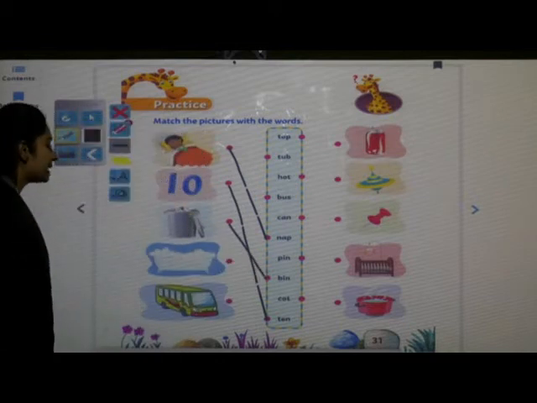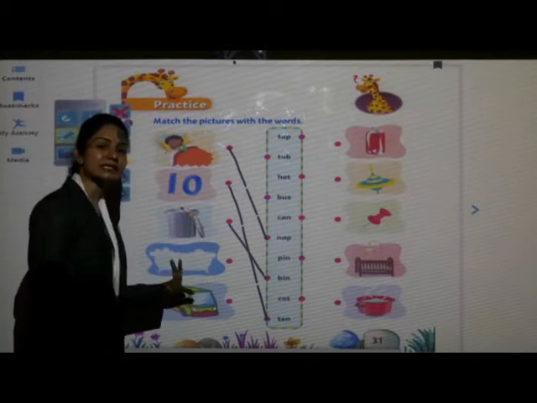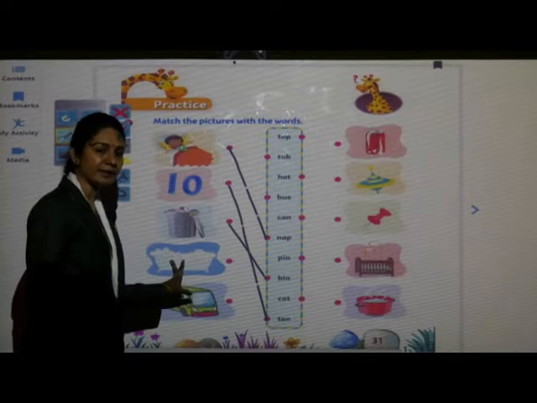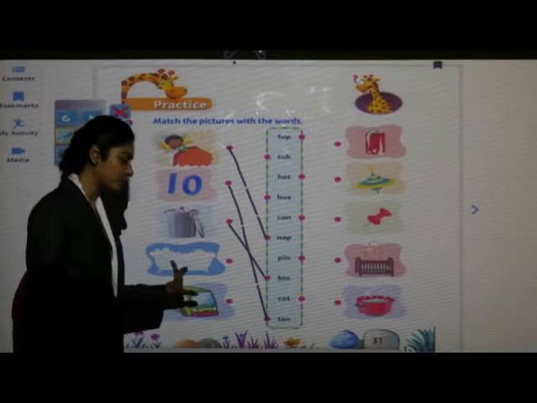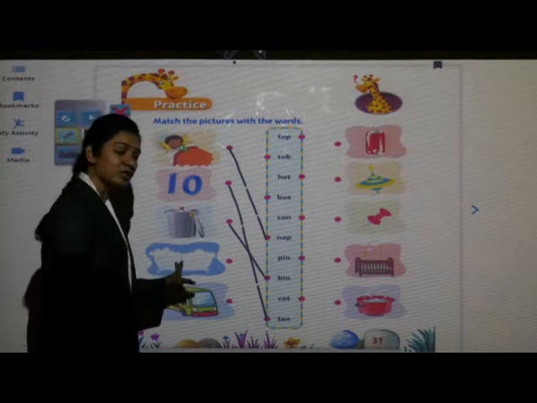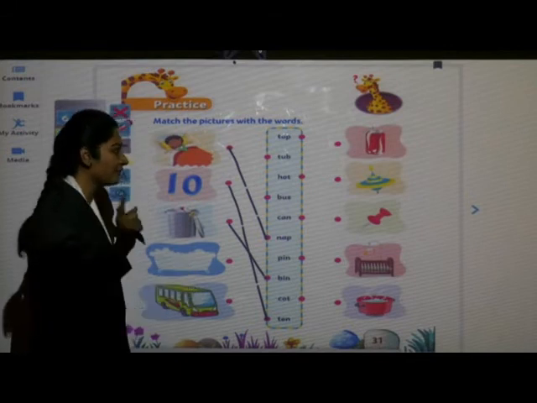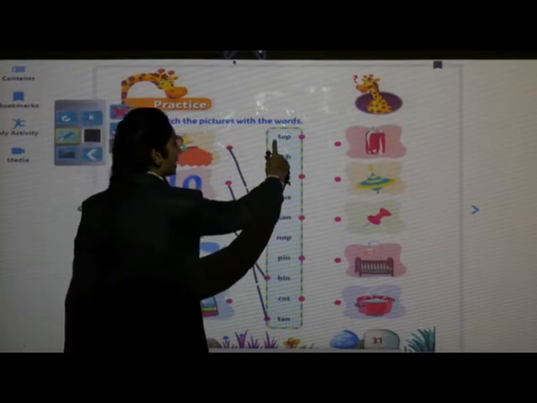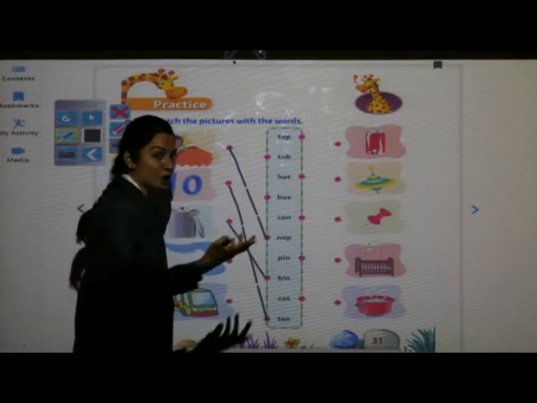Okay. Next, can you see this picture? Yes, which picture is this? Where did we see it? In the kitchen room, living room or bathroom? Bathroom, yes. So, which picture is this children? Come on, try to recognize. Tub, very nice. We'll find out the spelling, okay? Say T-O-P top, T-U-B tub. We got the spelling.